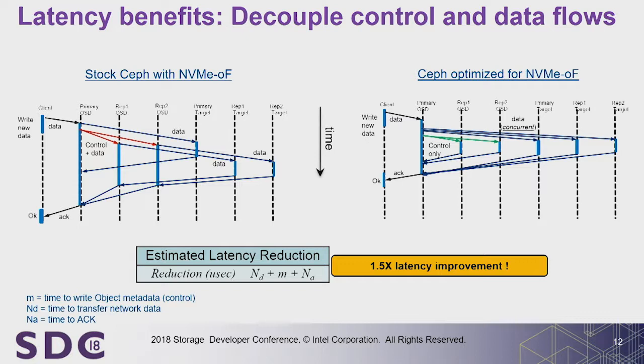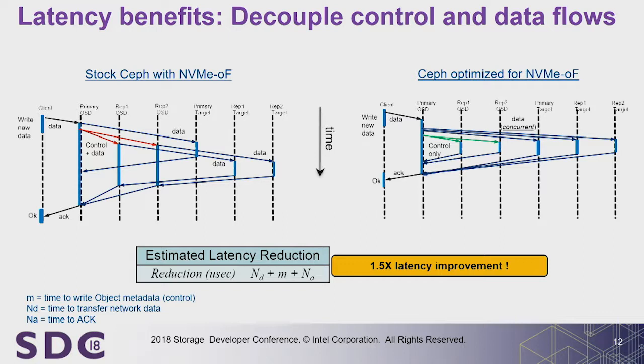And similarly for the replica OSDs, right? So in stock Ceph today, the data comes in, the primary has to relay that over to your peer OSDs, and then each of the OSDs will essentially write the data at the remote target. Contrast that with the new approach we are looking at.